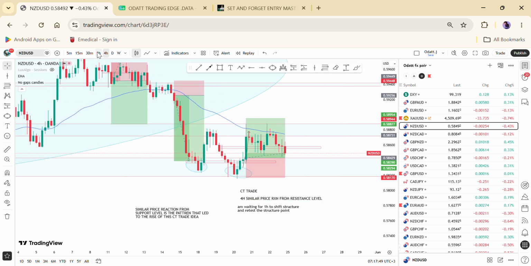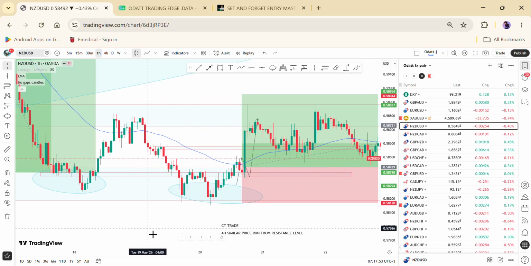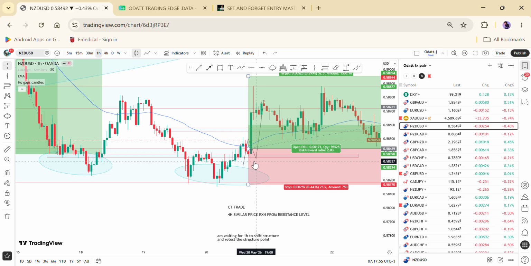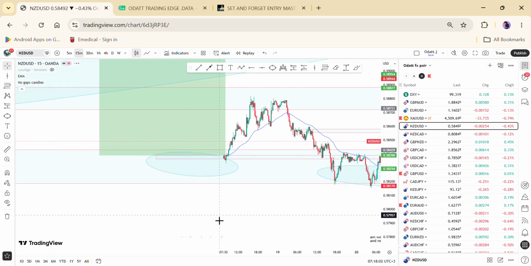When you come to 1 hour, we have that break of structure, we have that break retest of this structure, and then on the 15 minutes we got our entry, which was bullish engulfing candlestick.